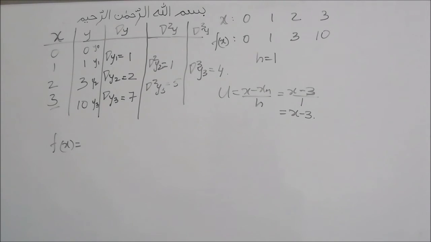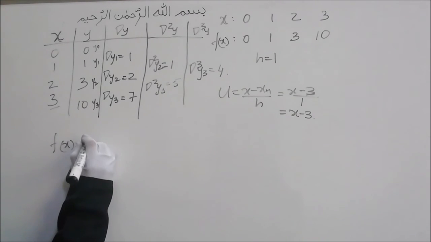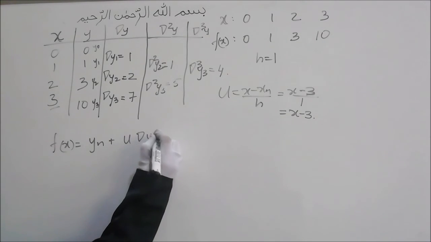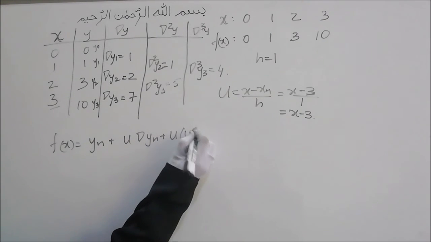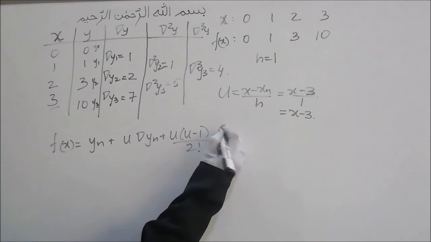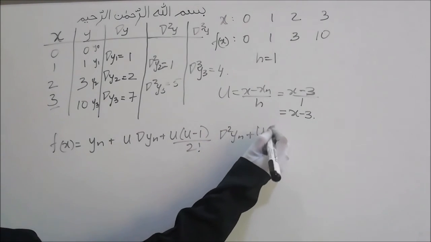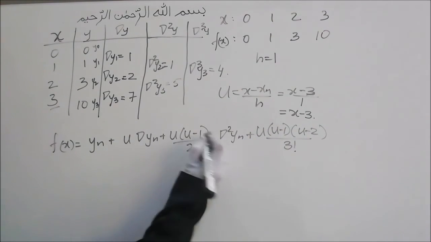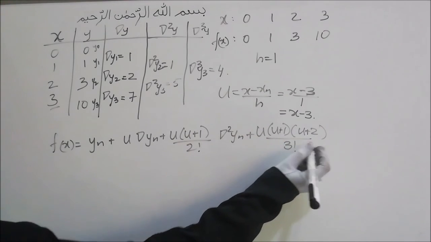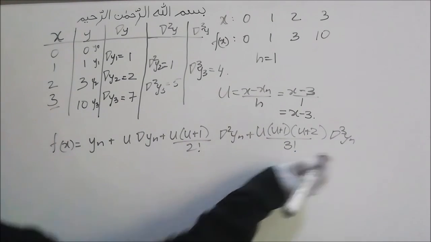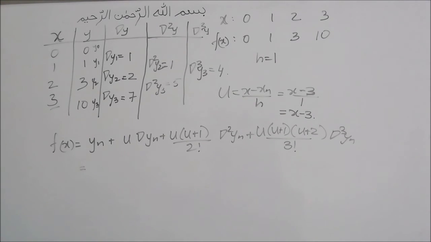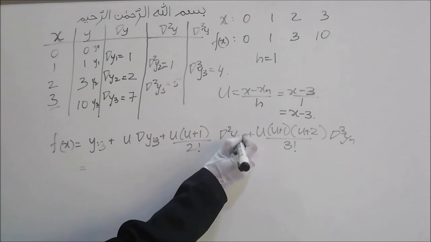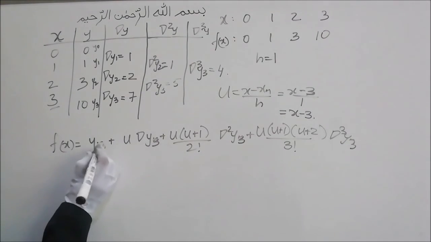F of x is equal to yn plus u into del yn plus u into u minus 1 upon 2 factorial del squared yn plus u into u minus 1 into u minus 2 upon 3 factorial del cube yn. Here yn is y3.